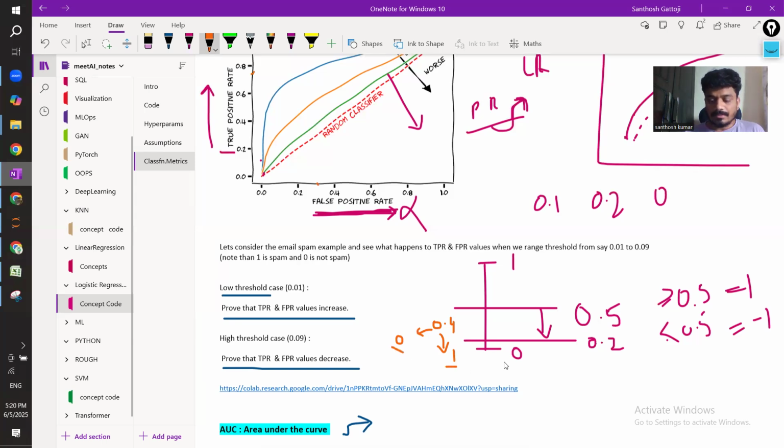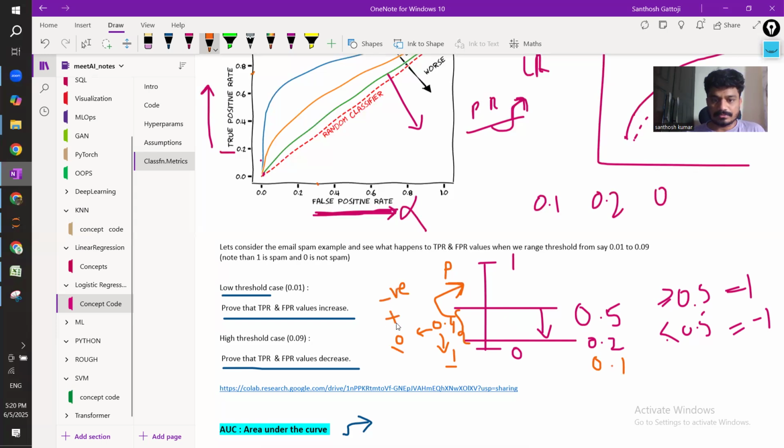That means if you are decreasing the thresholds, more and more values fall under the positive side. More and more values you are treating as positive, correct? And if you decrease this threshold more, for example to 0.1, all the values between 0.5 and 0.1, which were earlier negative, will now become positive.